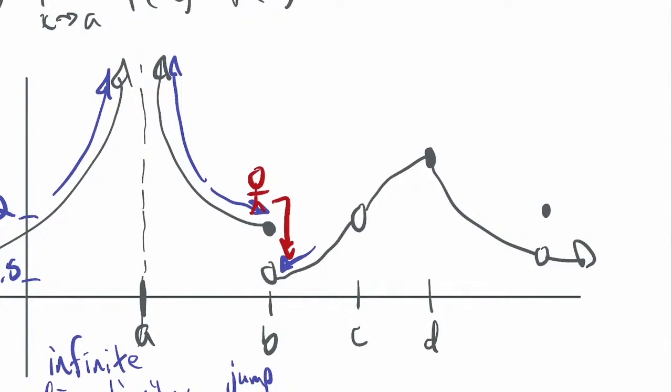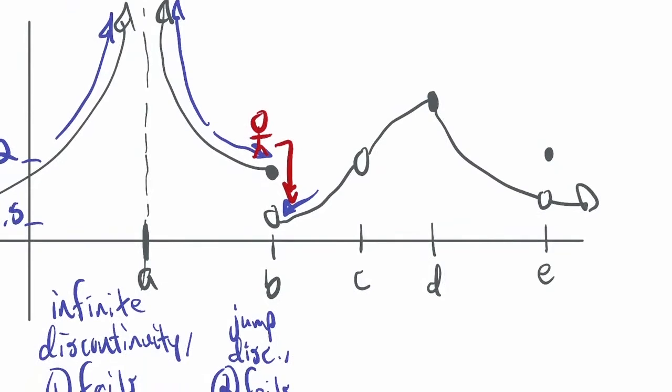Add that in there. Okay. Call that E. Okay, so this one, there's a hole in the graph. There's no point there. So this is called a removable discontinuity. And why is it called that? Well, I'll talk about why it's called that in a second.